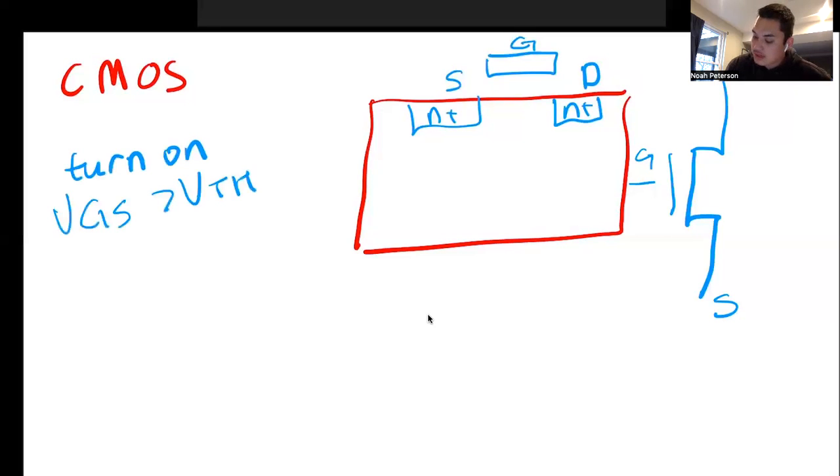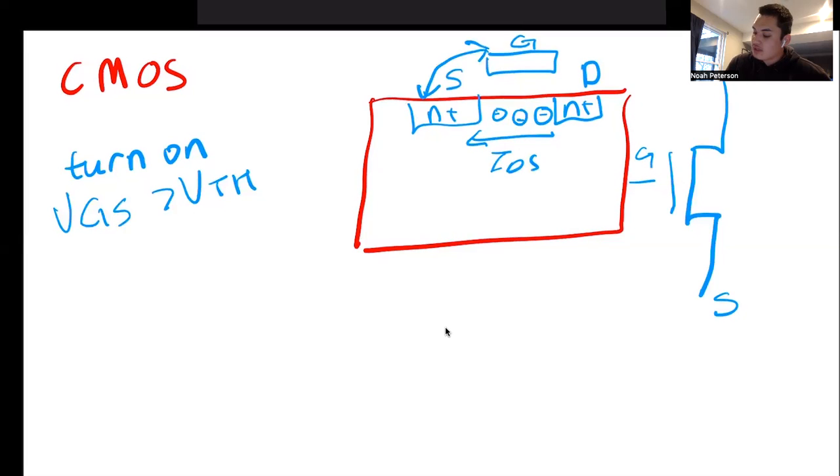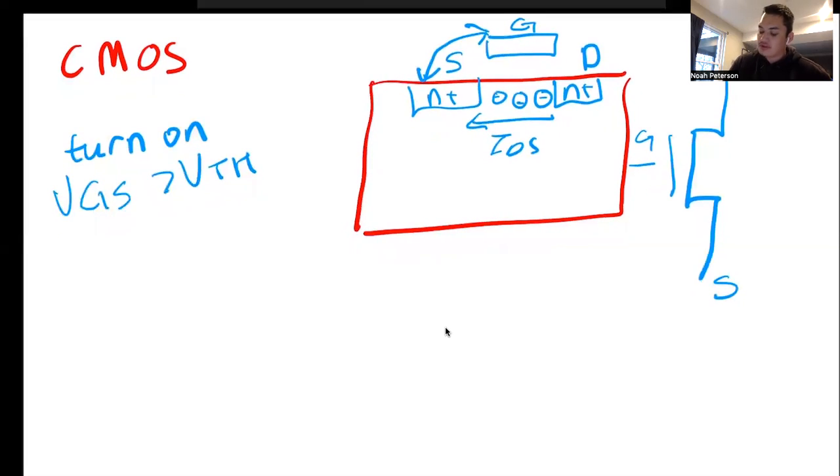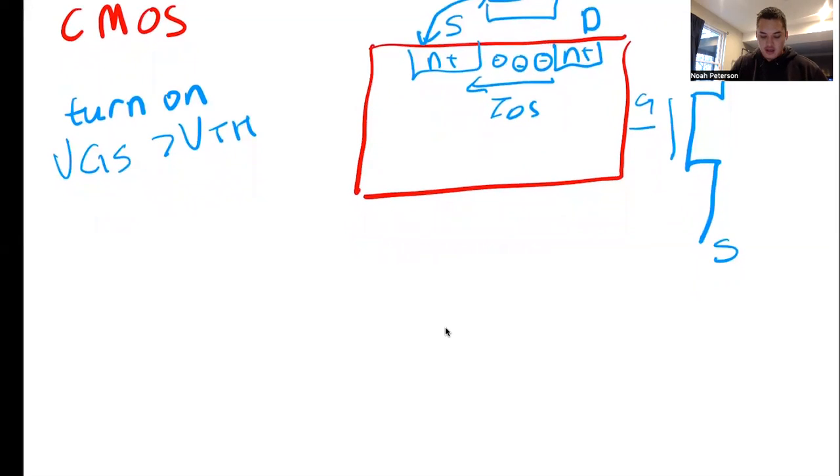By doing that, you can have these charges across here, and the current IDS will then flow this way. To do this, you just have to have a voltage difference between these two terminals. And that's the overview of the NMOS device.